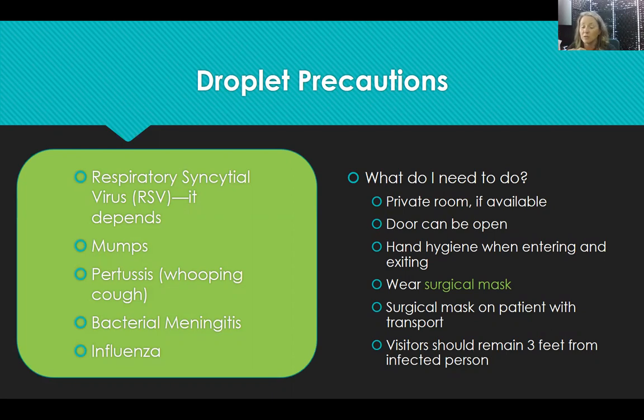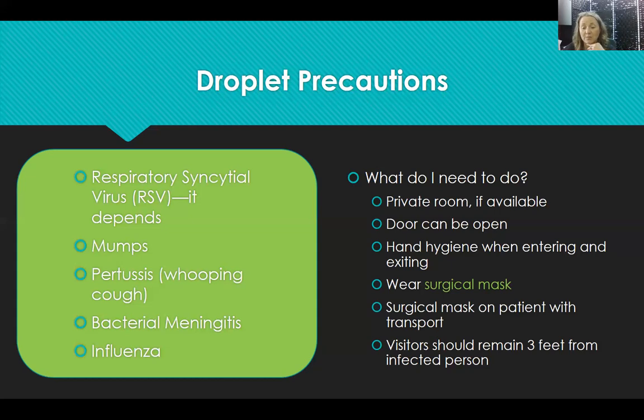In adults, you don't see that as much, and typically with adults, they are only on contact isolation. With mumps, pertussis, or whooping cough, bacterial meningitis, and influenza, these are going to be on droplet precautions.